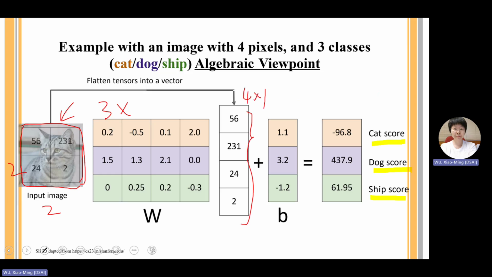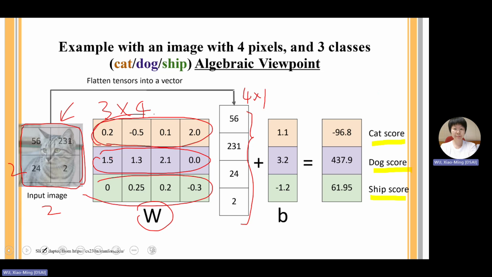Now the size of W is 3 by 4, and each row of W corresponds to a hyperplane. So these are the parameters.